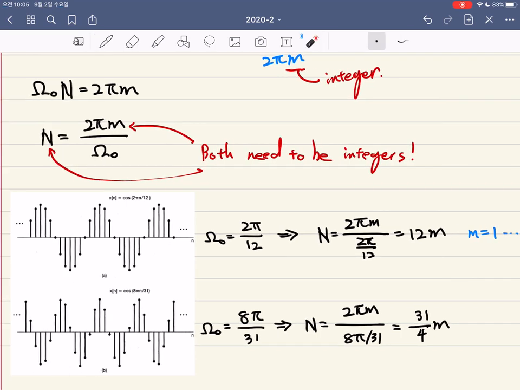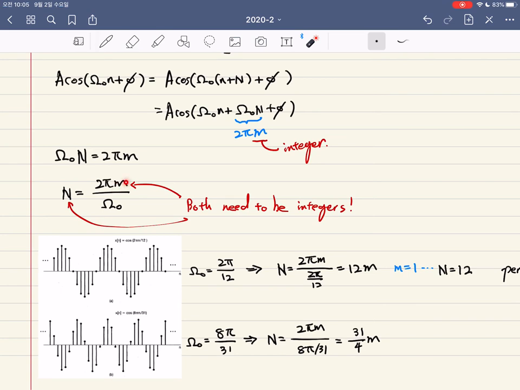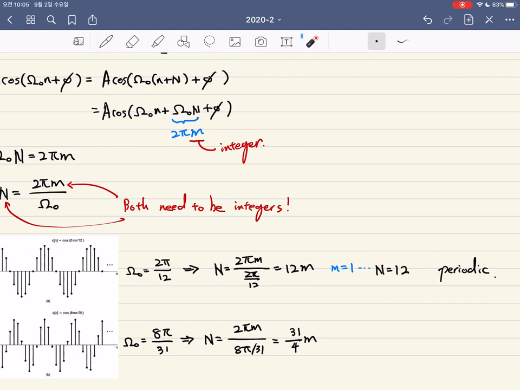Please recall that small m and large N both need to be integers. If you put m as 1, then large N becomes 31 over 4, which is not an integer.